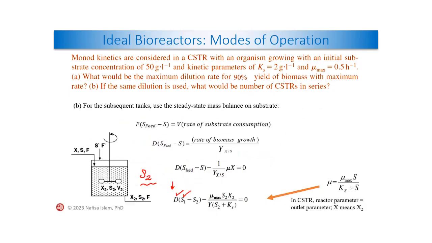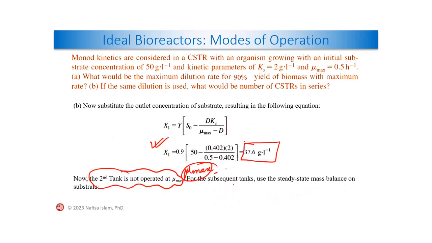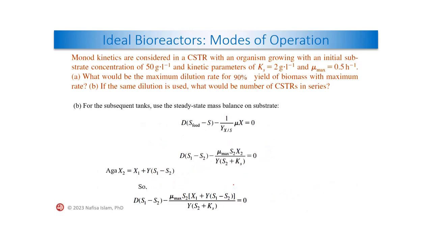Yes, we do, because we've done the CSTR balance, the CSTR1 balance. Do we know mu max? Yes. Do we know S2? No. Do we know X2? We know X1. Do we know X2? No. But we do know that X2 is simply a function of S1 and S2.